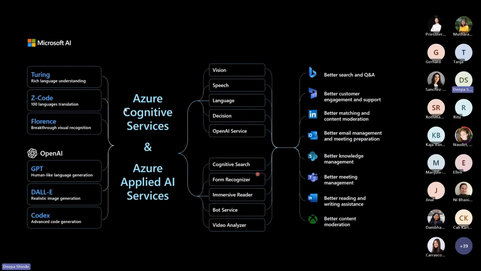But on the day, when you are design thinking about your application, after thinking about the business value of the solution that you're going to build, there would be folks like myself and two others who Sandra mentioned who would be able to help you think about which services you can use to build your application.